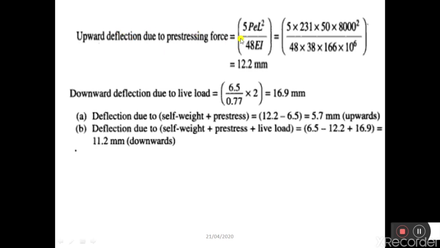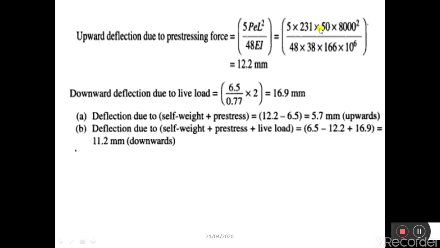So upward deflection due to pre-stressing force is equal to 5 P e L square by 48 EI. P is the initial pre-stressing force, e is eccentricity, L is span, EI is modulus of rigidity.